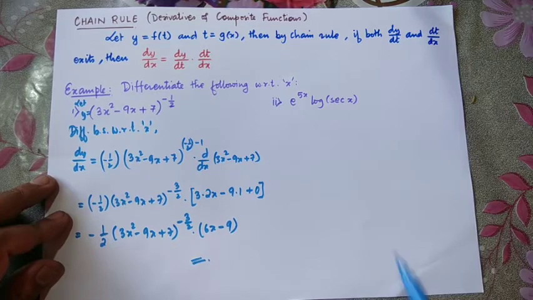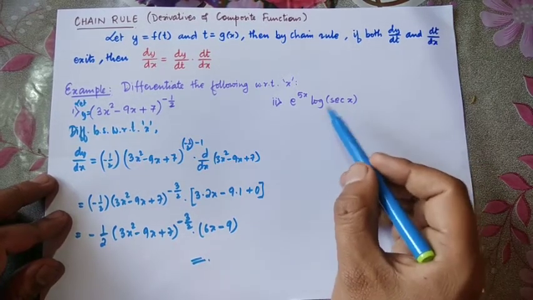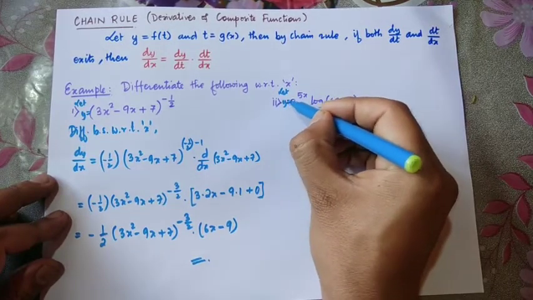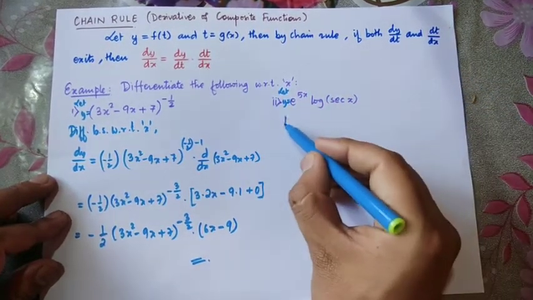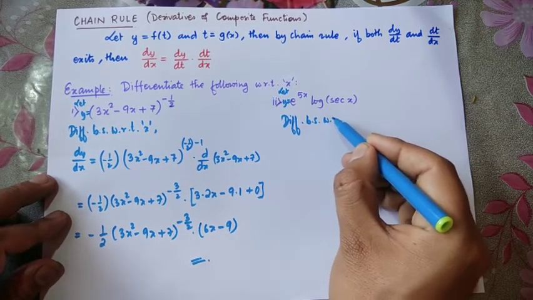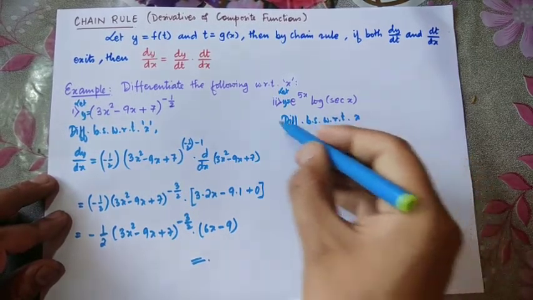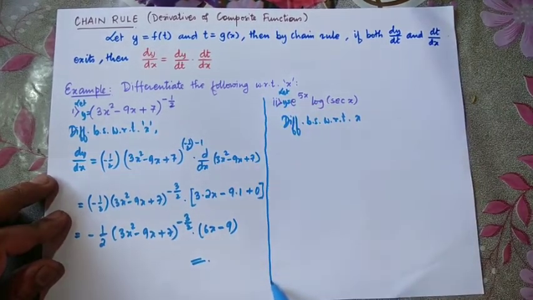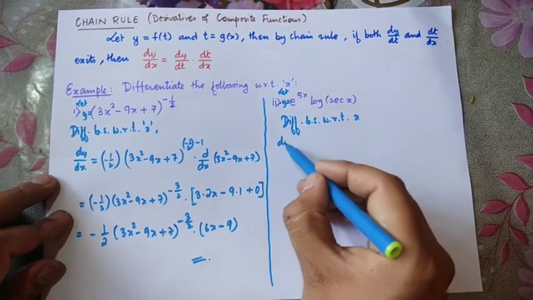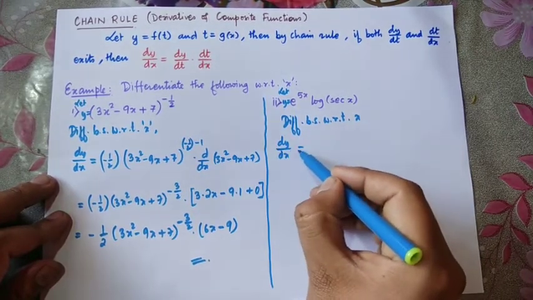Now let us have a look at this problem. So again I'm going to consider this to be y, so let y equals this much. Now again differentiating both sides with respect to x. Whenever you are differentiating this, y becomes dy by dx.